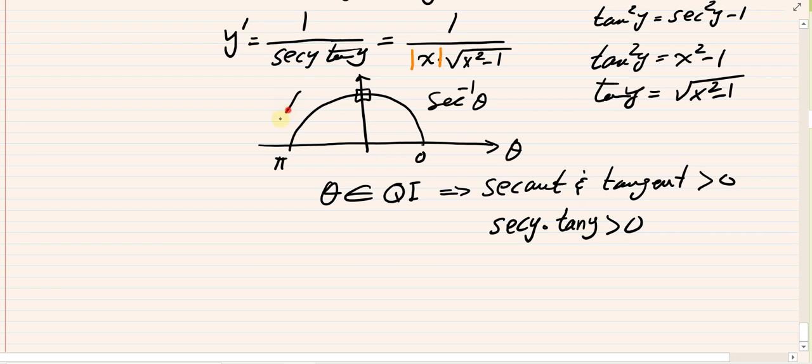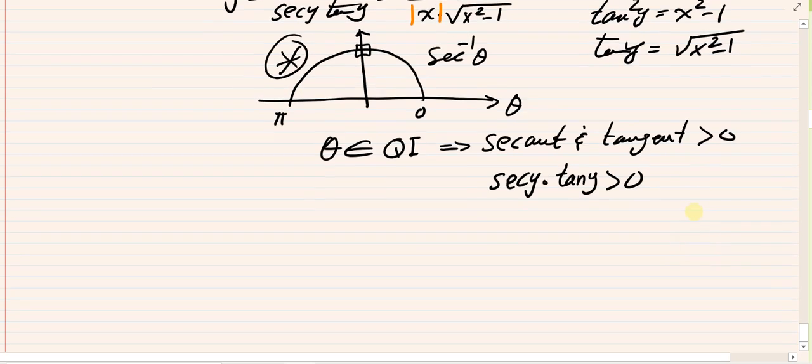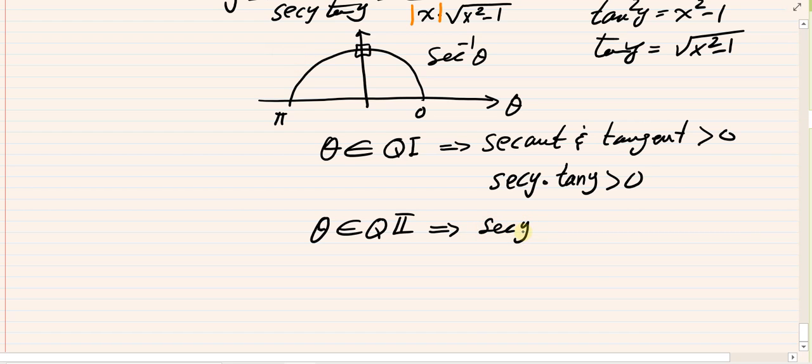Now, in the second quadrant, let's take a look at that one. If theta is an angle in Q2, which is the range of our inverse, secant of y is 1 over cosine.